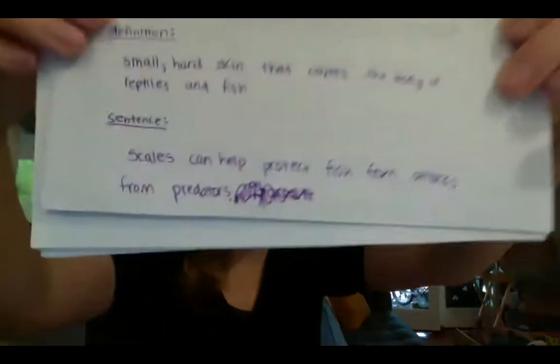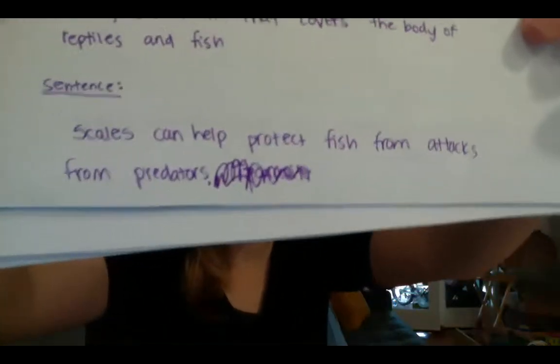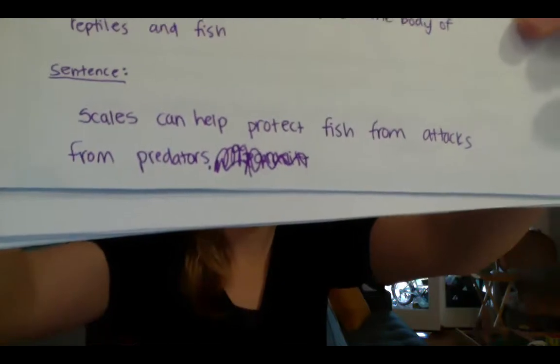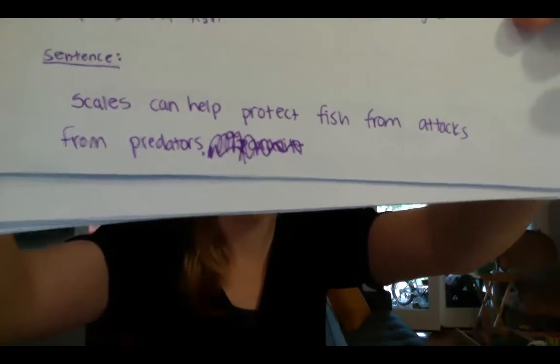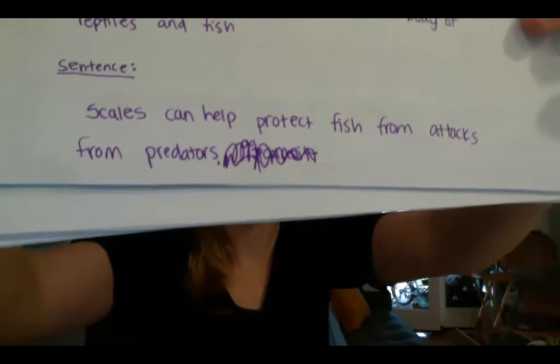Okay, now for the sentence. So I wrote that scales can help protect fish from predators or from attacks from predators. You can write the same thing or something else. Scales can help protect fish from attacks from predators.